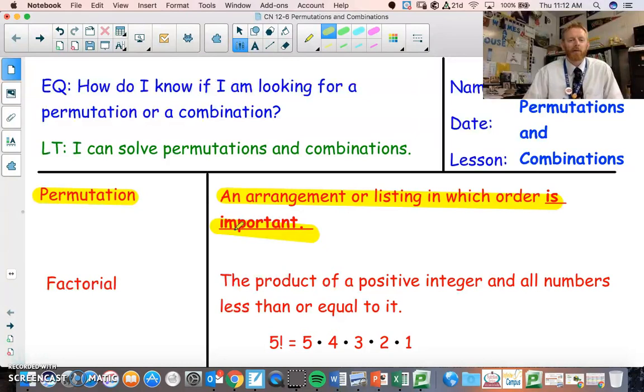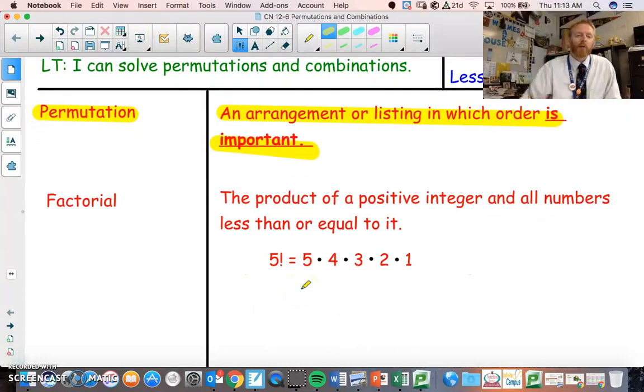That is a permutation, unlike what it's called, which is a locker combination. Now, a combination is something that's a little bit different, but a permutation is what your actual locker combination is, because the order in which you put them in matters. Those three numbers, you can't put them in just any random order. They have to be in a specific order for your locker to open.